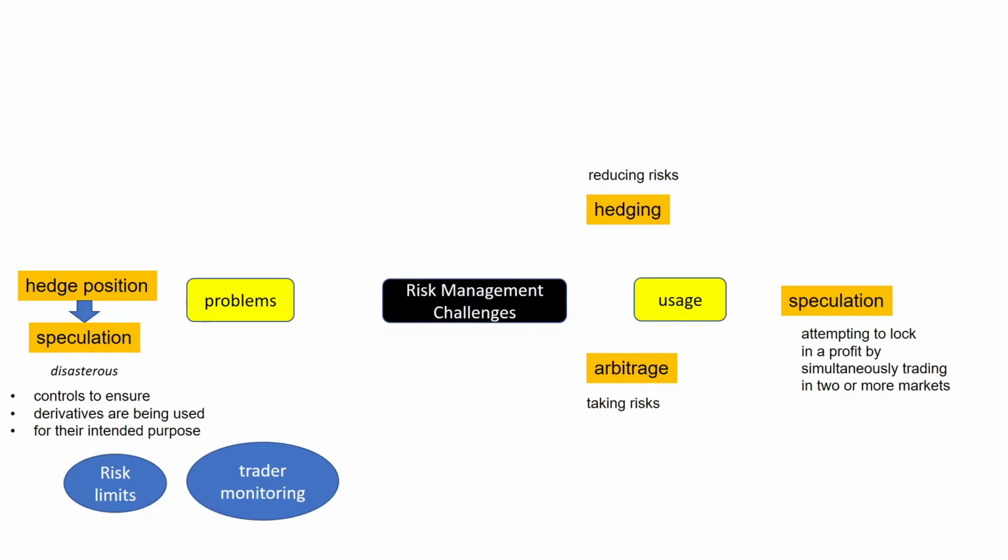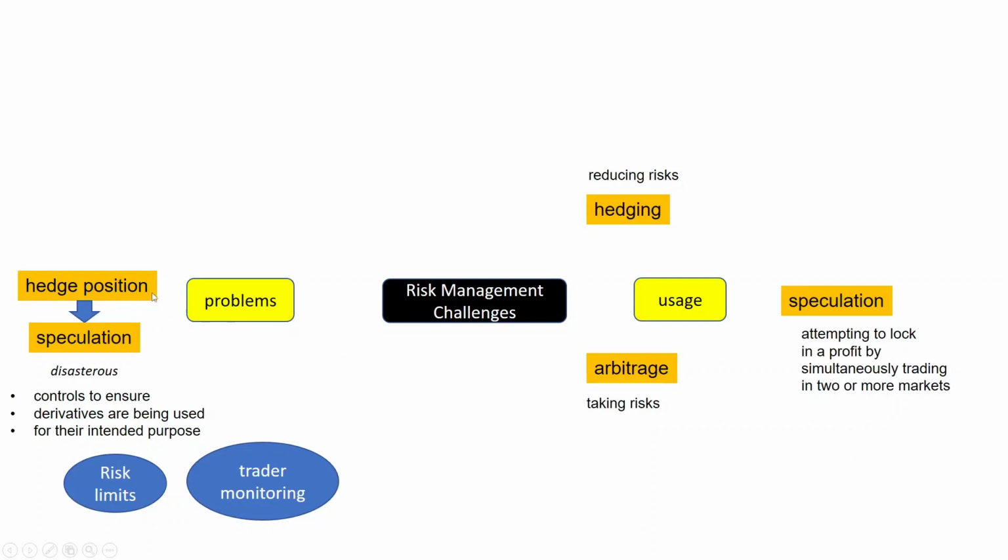Yeah. So first of all, what are the challenges for us? In case of risk management, we can say that the usage can be related to hedging. This is what we used during the previous semester because we had this beautiful company and all of their exposure towards US dollars. Or it can be arbitrage, or it can be speculation because I would like to lock in the profit, hopefully.